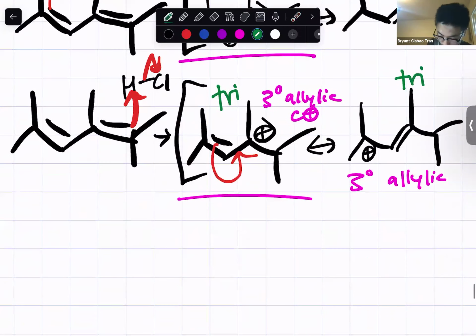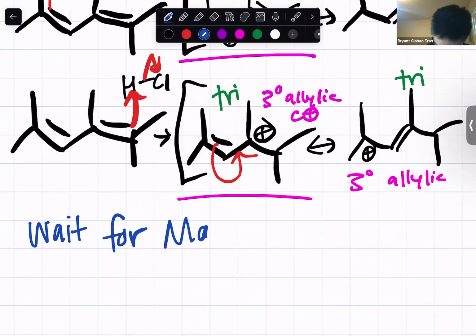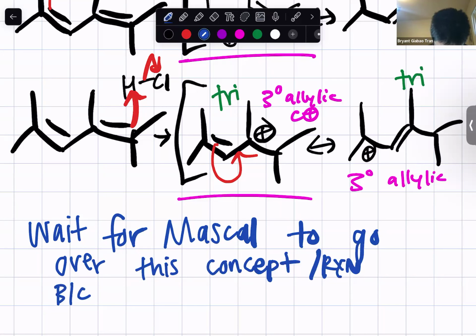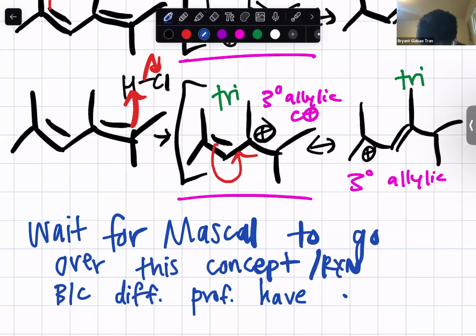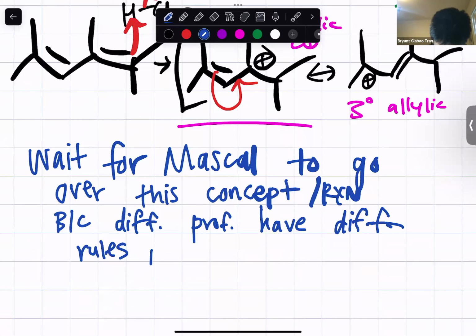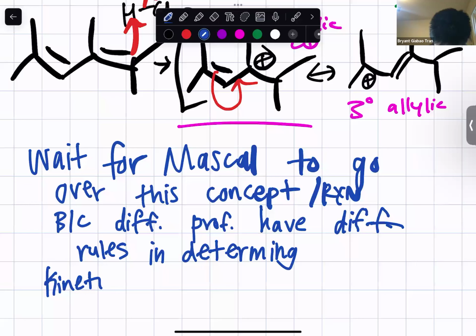So I'm going to make a note. Let's see. Wait for Pascal to go over this concept, because different professors have different rules in determining kinetic versus thermodynamic product.